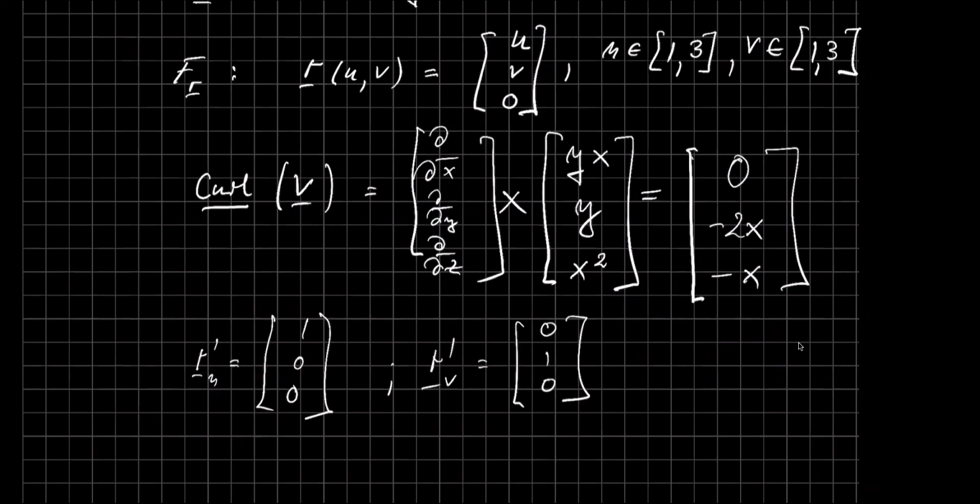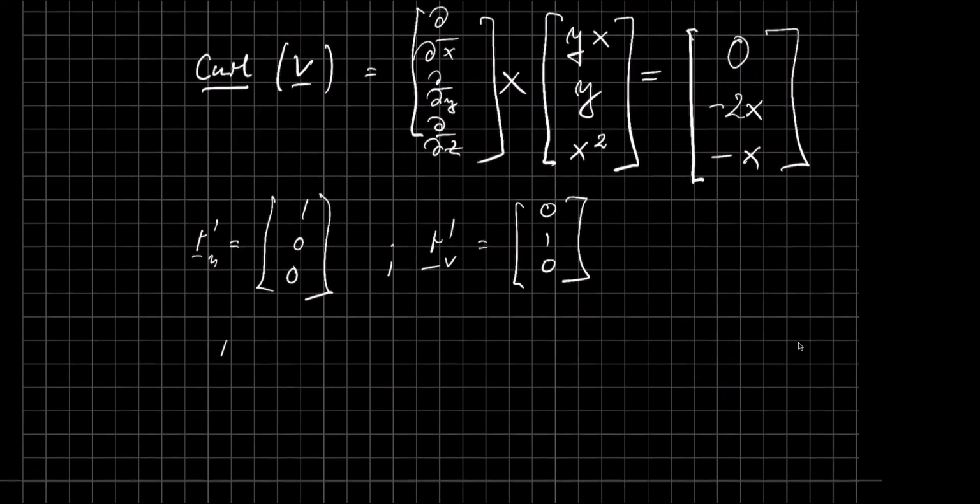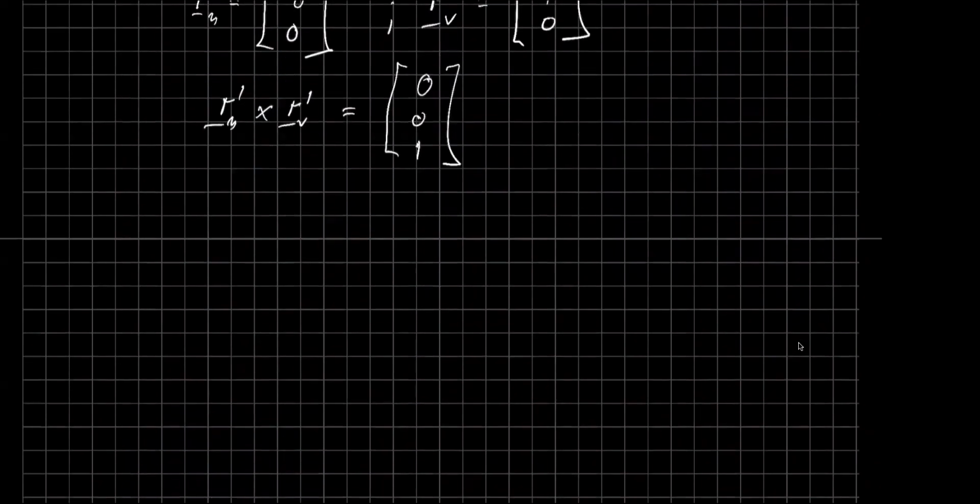And when I compute this cross product, I get simply 0, 0, 1. Well, you would expect that. It's a normal to the xy plane, so that will be in the direction of the z-axis.